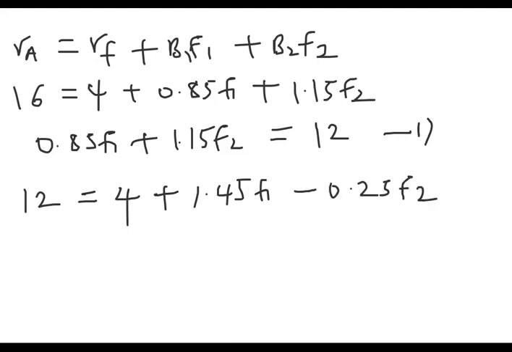So then I have 1.45 factor 1 minus 0.25 factor 2 equals 12 minus 4, which is 8. This becomes equation 2.